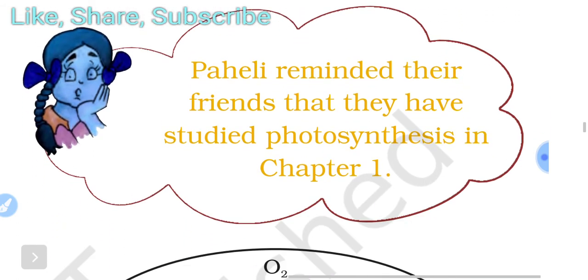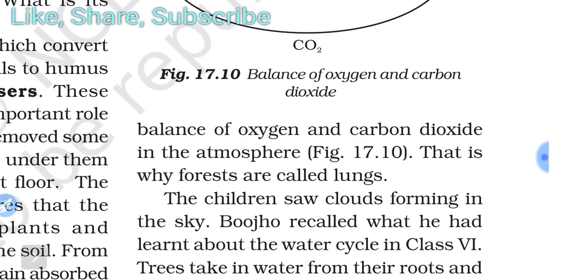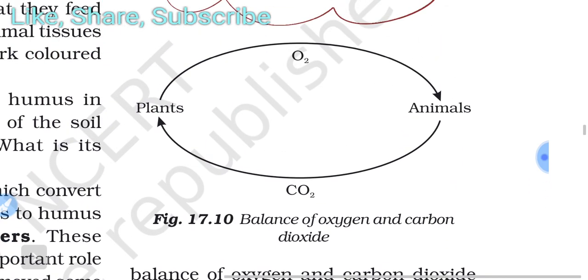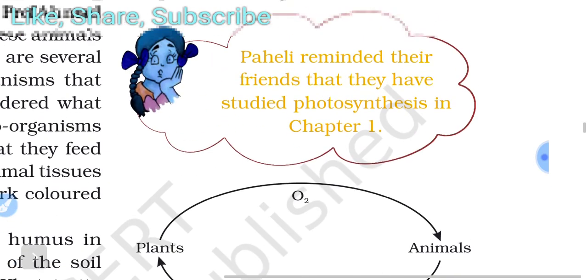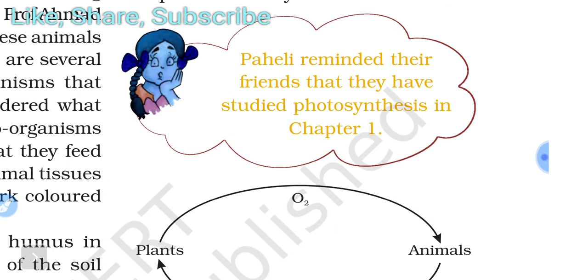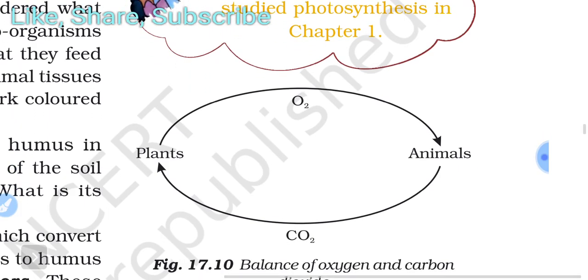They also maintain the balance of oxygen and carbon dioxide in the atmosphere. That is why forests are called green lungs. If you see the figure here, balance of oxygen and carbon dioxide. You already read photosynthesis in chapter one.